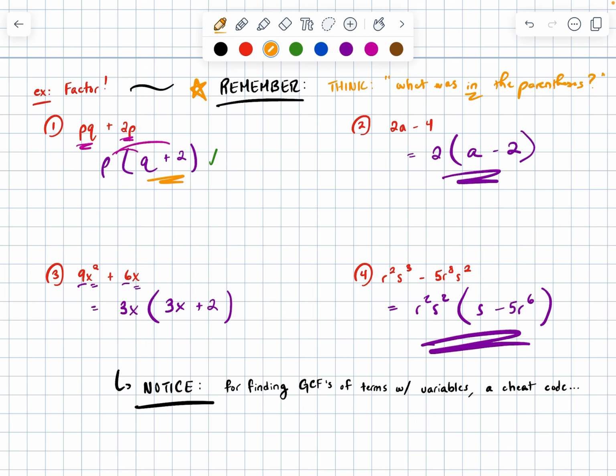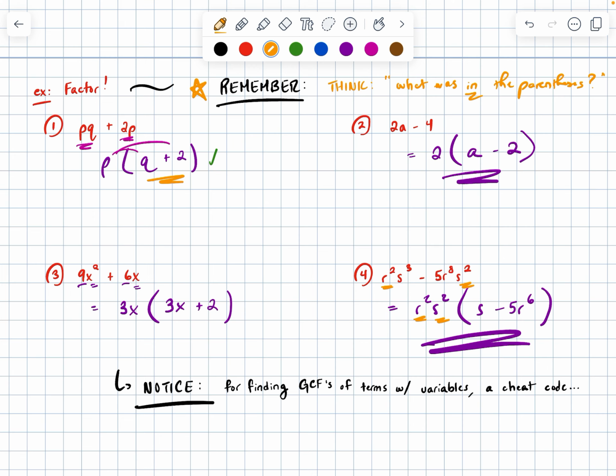And stop. Well, hopefully you've noticed r squared and r squared over here, s squared and s squared over here. I was intentional about saying when I was finding my GCF, both of them had at least some number in common.